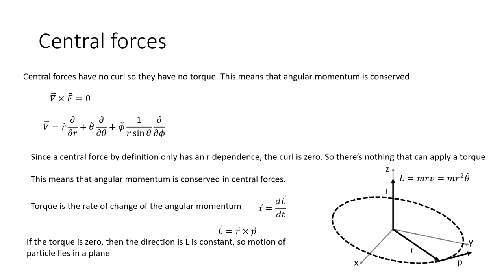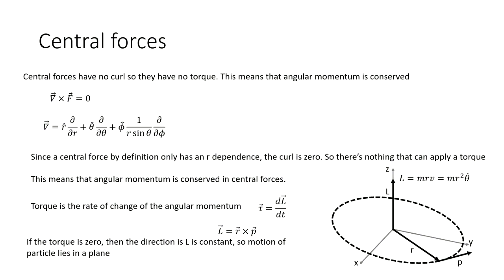Okay, so you have this object that is orbiting around in this xy plane, a distance r away from this central force, and it has some angular momentum L. So this will have a direction.